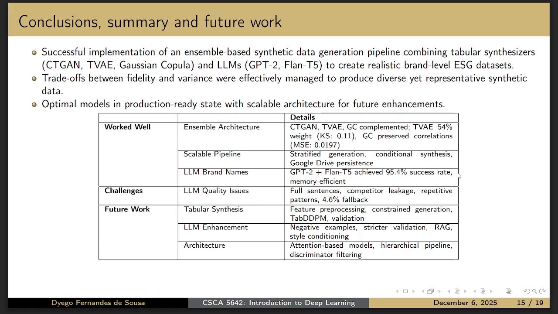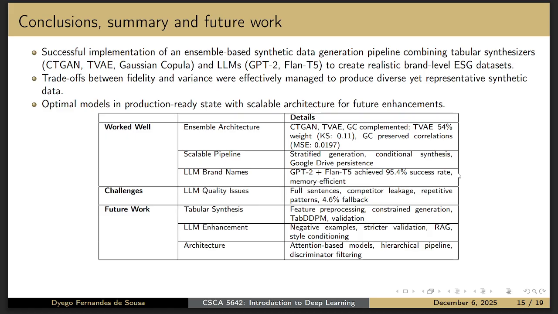I was able to define, establish, and run a very good and scalable pipeline. And I was able to use the large language model ensemble to generate brand names for a very good number of companies.